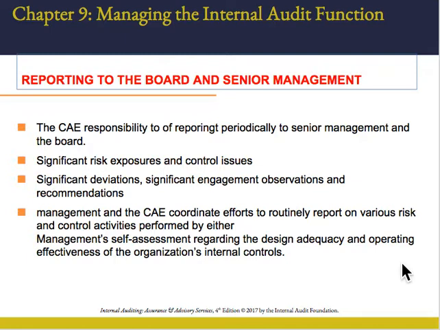The Chief Audit Executive needs to evidence the completion of professional responsibility by periodically reporting the results of the ongoing internal audit activity. He needs to report this periodic updating to the senior management and the audit committee, and this needs to be done during routinely scheduled meetings throughout the year.